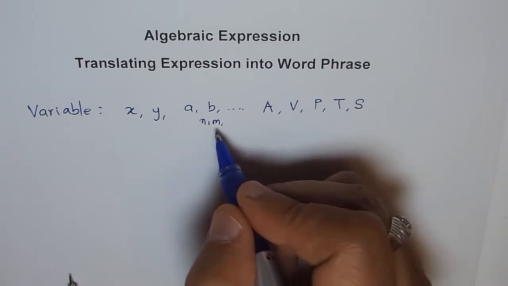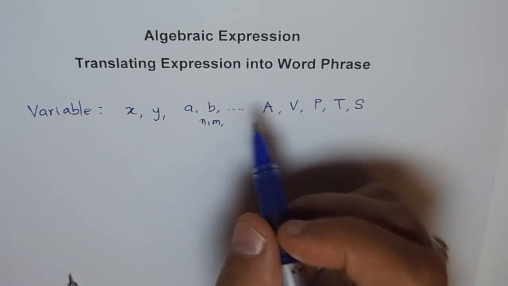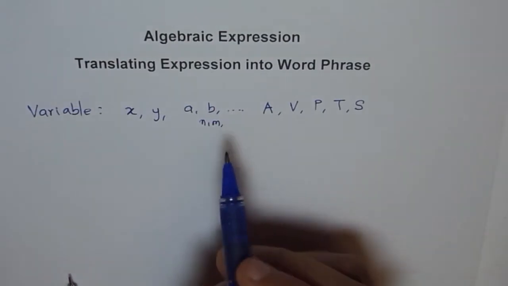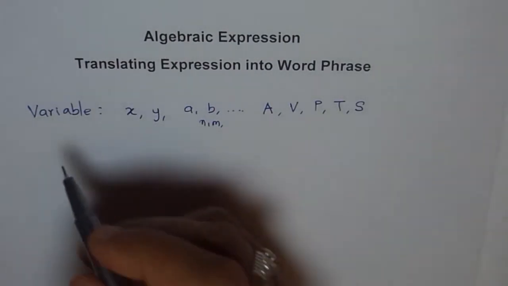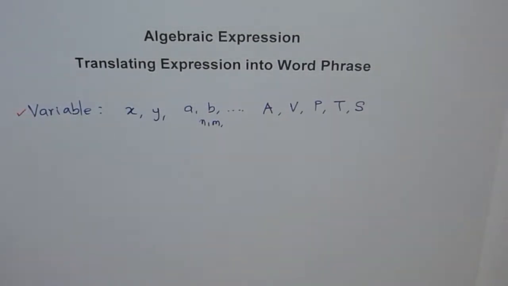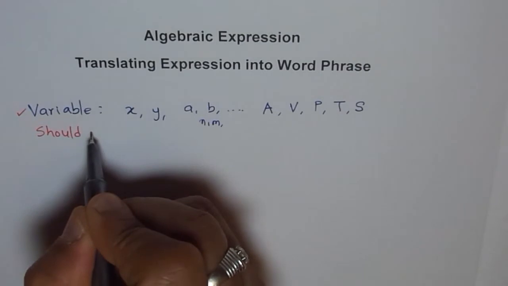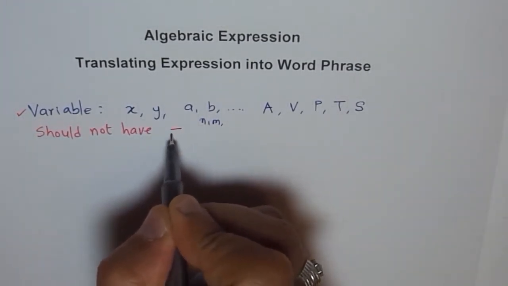And this variable can stand for any number. So it is kind of a replacement of numbers, right? So this is very important to understand. So an algebraic expression should have a variable, and the second thing is what it should not have. It should not have an equal to sign.